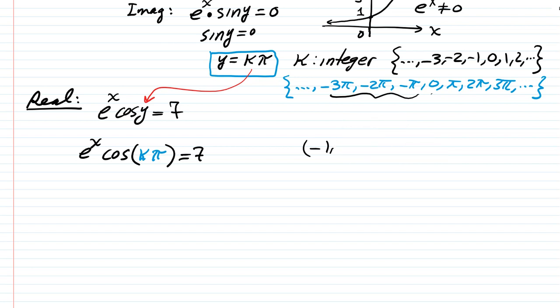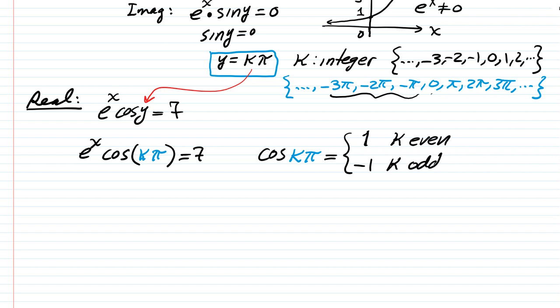Okay. Therefore, we can generalize that cosine of k pi is either going to be equal to 1 or -1, right? Depending on whether k is even or k is odd. So we have established this so far.